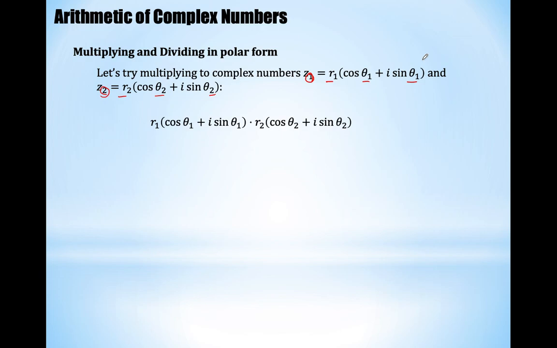To multiply them, since everything's multiplication and multiplication is commutative, I'm going to move these around and multiply those 2 together first. Then I'm going to distribute.